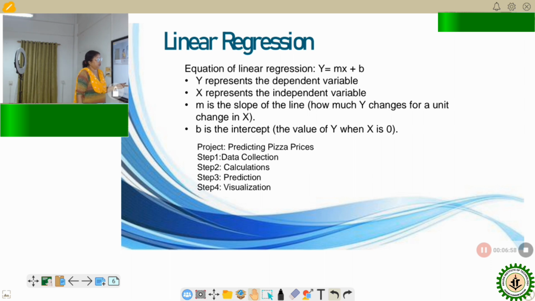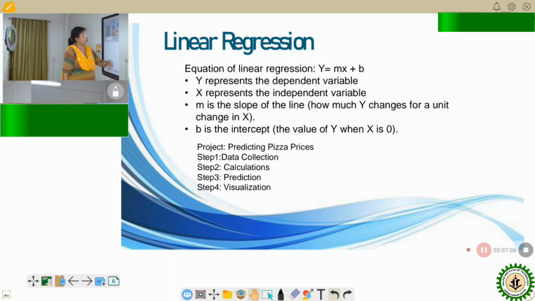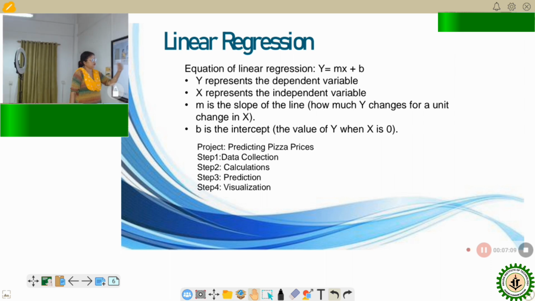One example to calculate the y and x values, the slope m, or the intercept point b: how can we calculate this? One example or project we can take is predicting pizza prices. How can we calculate pizza prices?